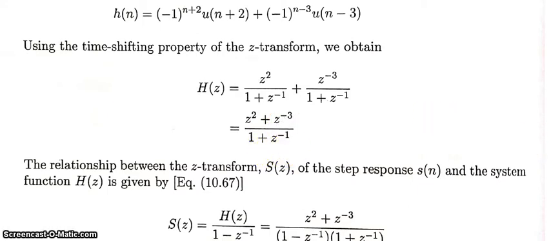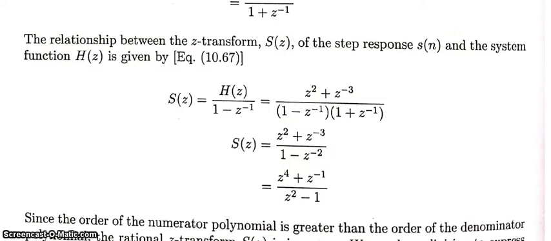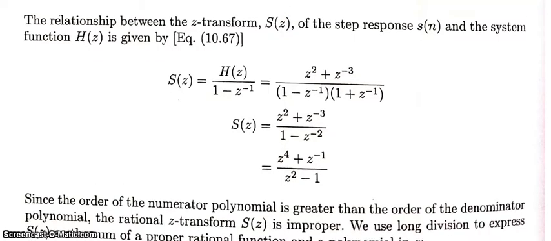What we need is the step response S of n of the system, and the relation between S of Z and H of Z is S of Z equal to H of Z divided by 1 minus Z inverse, and that is Z square plus Z raised to minus 3 divided by 1 minus Z inverse into 1 plus Z inverse.